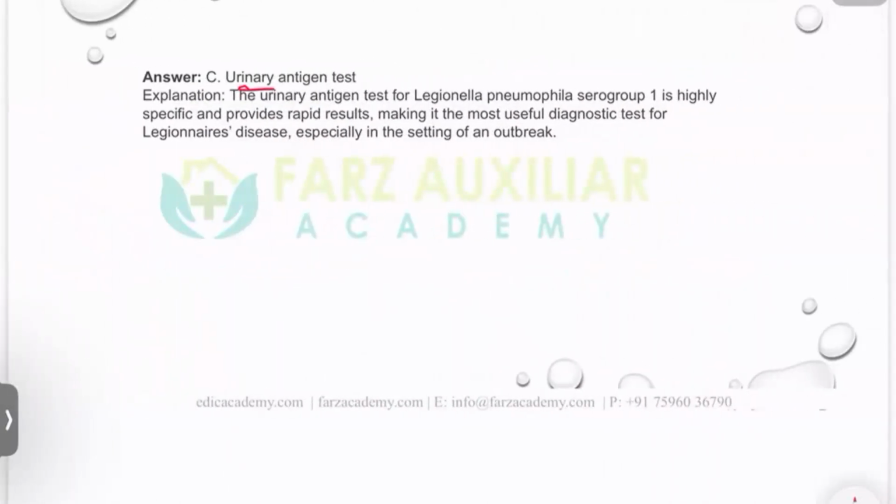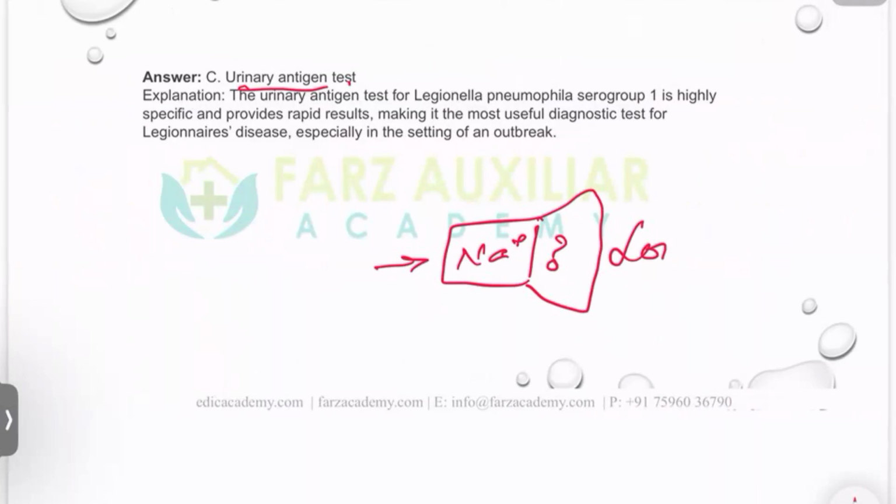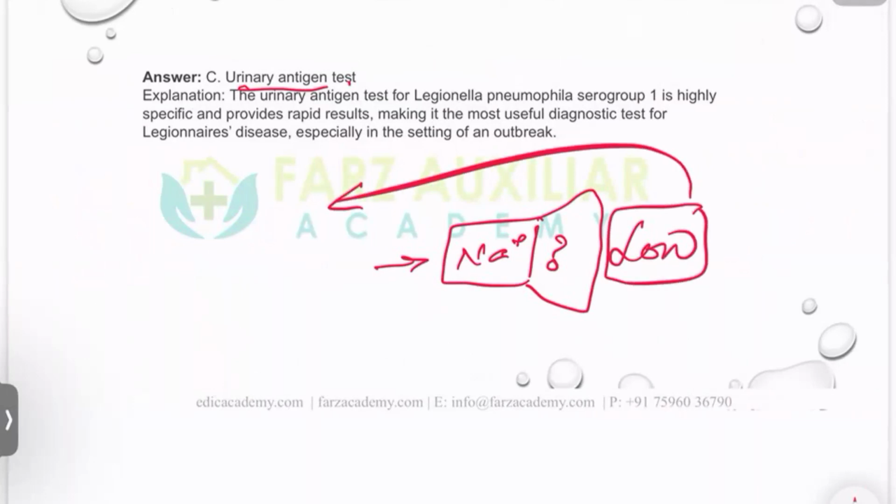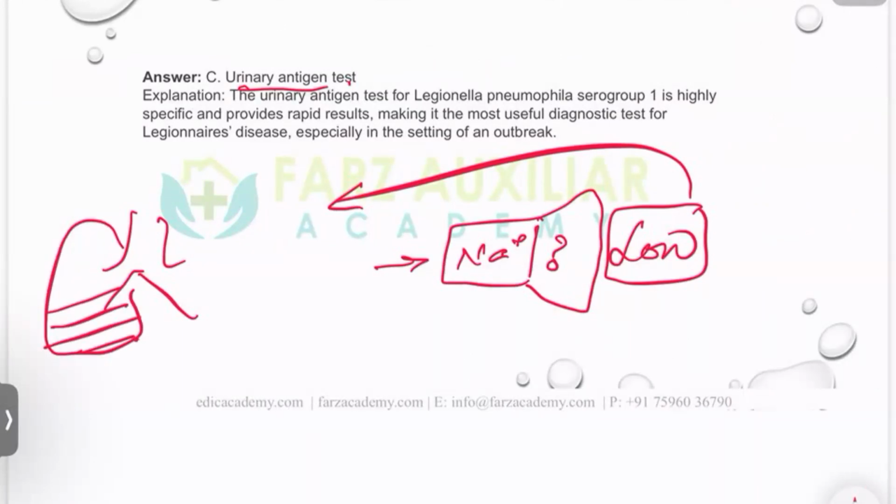So, the urinary antigen test. Legionella pneumophila also gives a very typical finding about sodium. What happens to sodium? Low. So this patient will have patchy infiltrates in the X-ray. This patient's BP is usually good, like 100 by 60, 110 by 60.